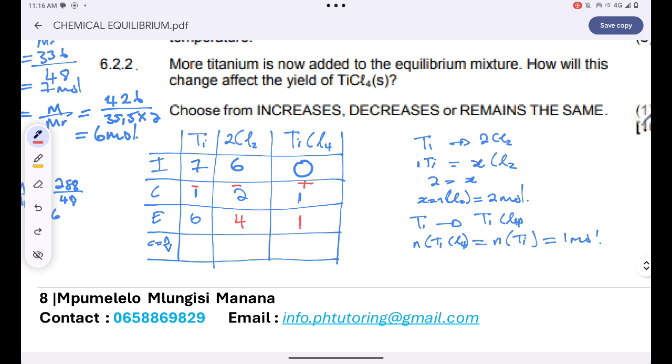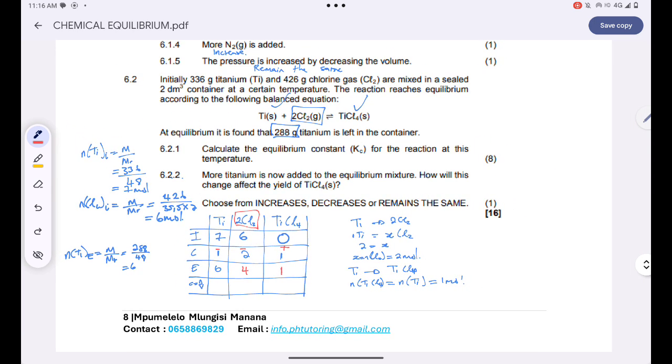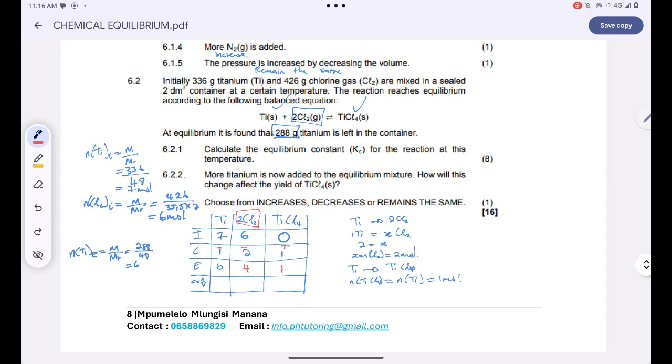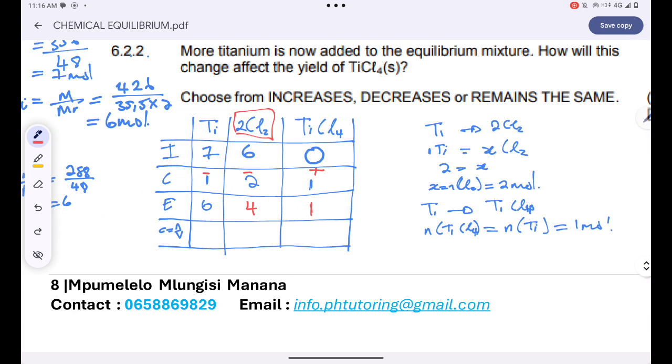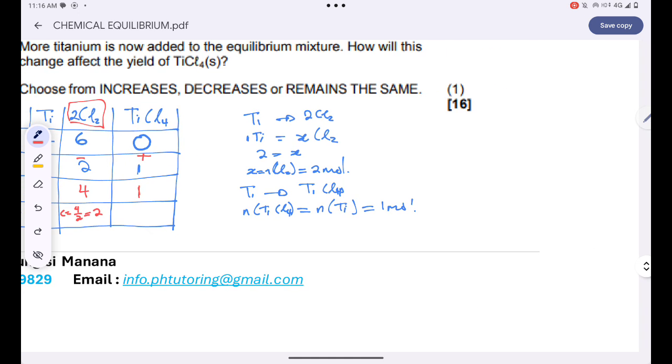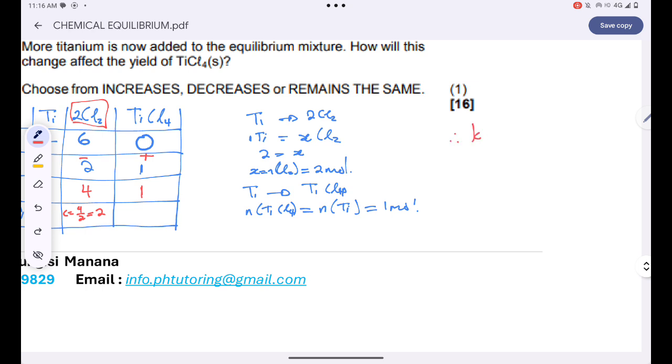Are you together? Since, guys, I cannot find the concentration for solids, I'll only find the concentration for my chlorine over there. I was told that the volume is just 2 cubic decimeters, so therefore the concentration is just 4 divided by 2, which is just 2 moles per cubic decimeter, and hence the Kc is just the concentration of products divided by the concentration of reactants.